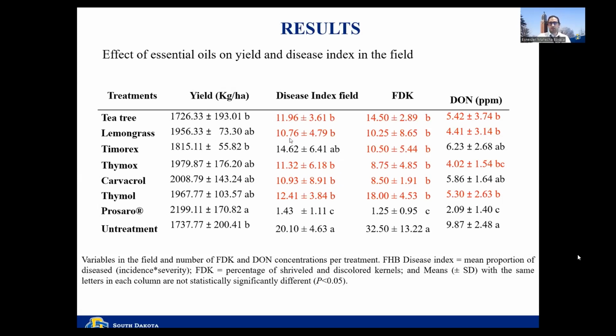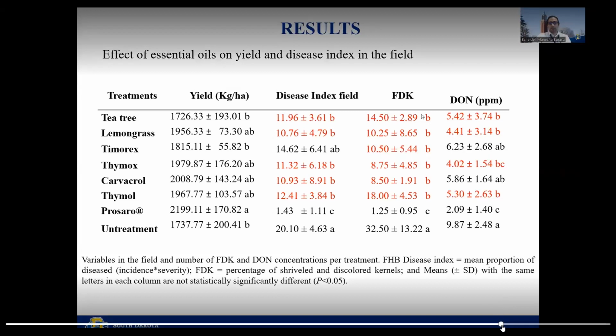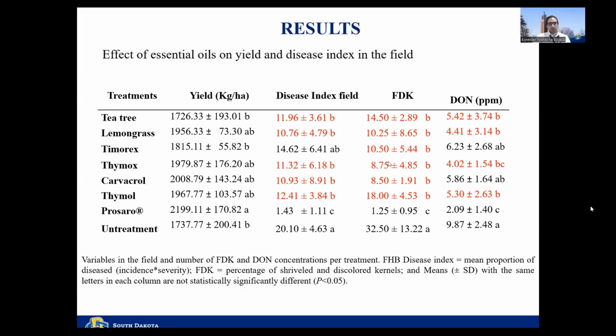The disease index in the field was lower in the treatments tea tree, lemongrass, Thymox, carvacrol, and thymol compared with the water control. Also for our FDK, the Fusarium-damaged kernels, we found that the treatments, mostly the essential oils, showed significantly lower amounts compared with the control.